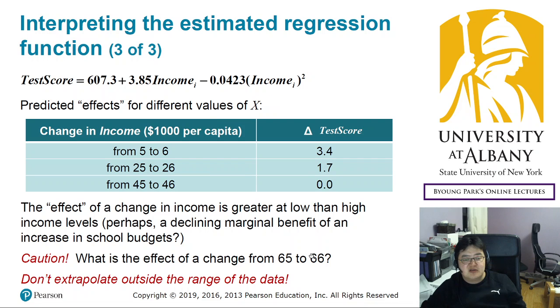If you calculate the effect of $1,000 between 65 and 66, it should be negative, which is not a model problem or a data problem. It is your problem. You should not interpret it this way, or extrapolate outside of the data range.